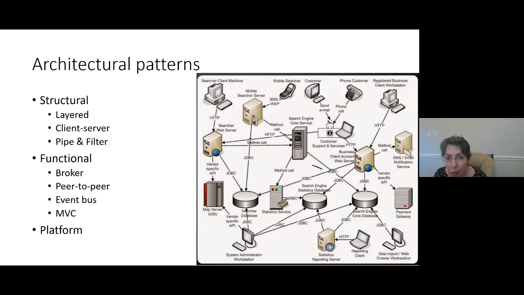We can also think about software systems in functional terms. A system can be a broker, enabling interaction between different pieces. It can be peer-to-peer, where you have a bunch of similar or identical entities, or entities that interact from either side of a client-server paradigm, and they find each other and they do business, whatever that means in the context of that system.